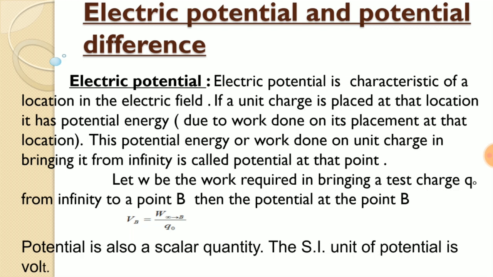Here Q0 is the test charge. Here we are calculating electric potential in terms of work done. We know that work done is a scalar quantity, so potential is also a scalar quantity, and the SI unit of potential is volt.